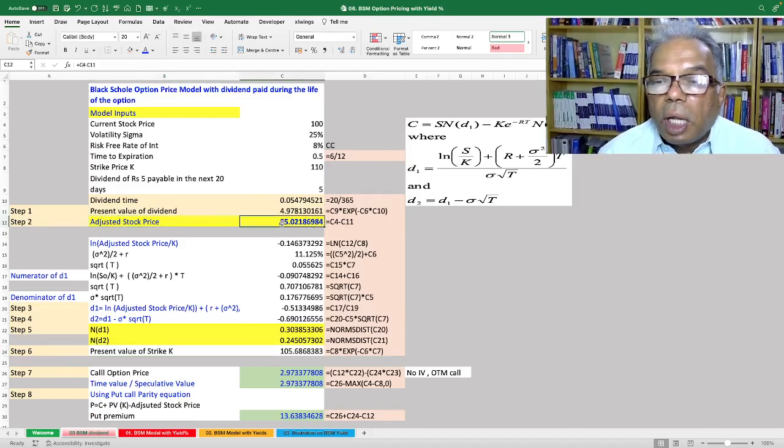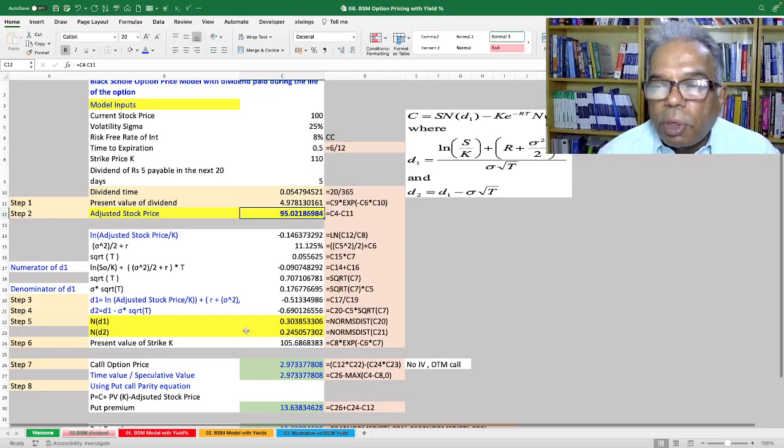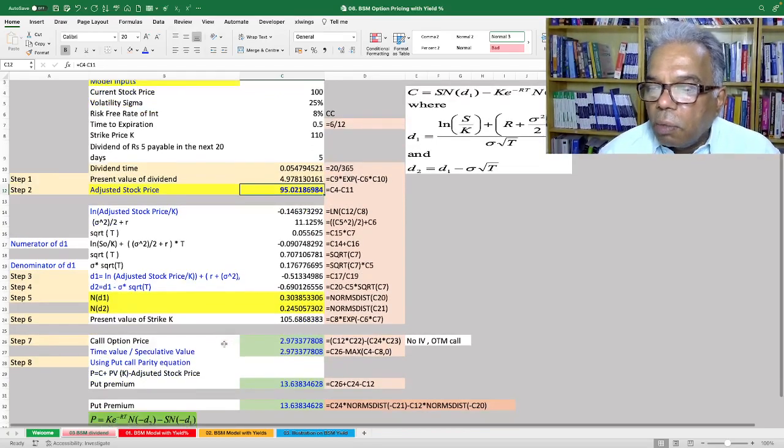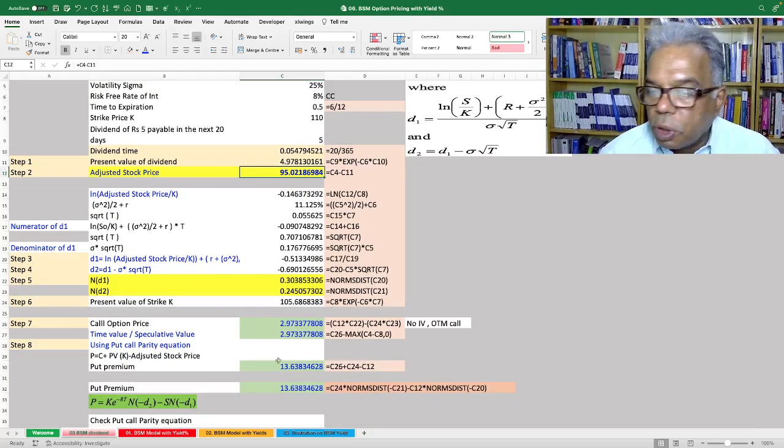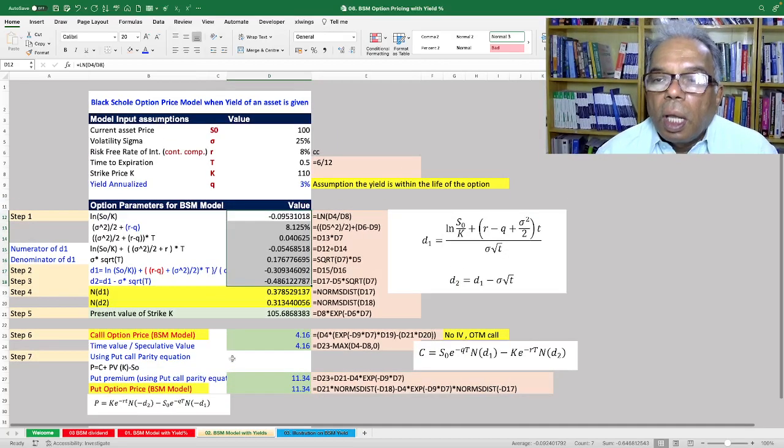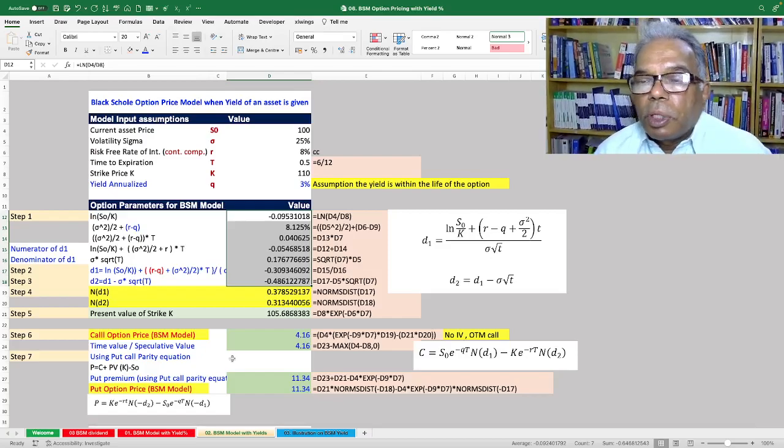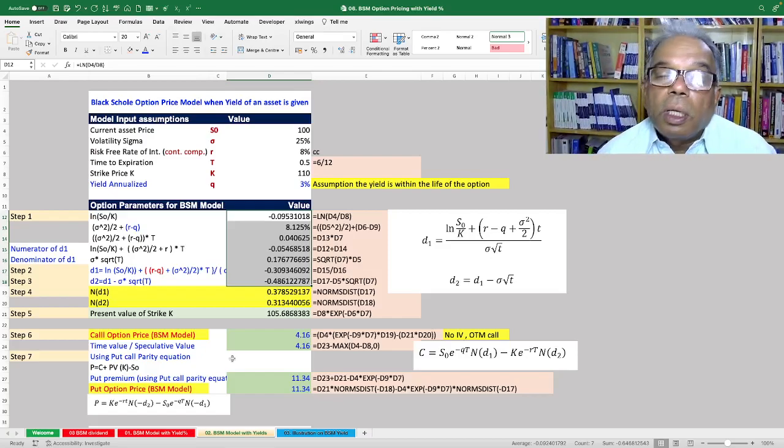We calculated the adjusted stock price, used it in the Black-Scholes model, calculated D1, D2 and the normal distributions N(D1), N(D2), and then calculated the call and put options. Today we will discuss how to calculate call and put option prices using the Black-Scholes model when the yield of an index is given as a percentage.